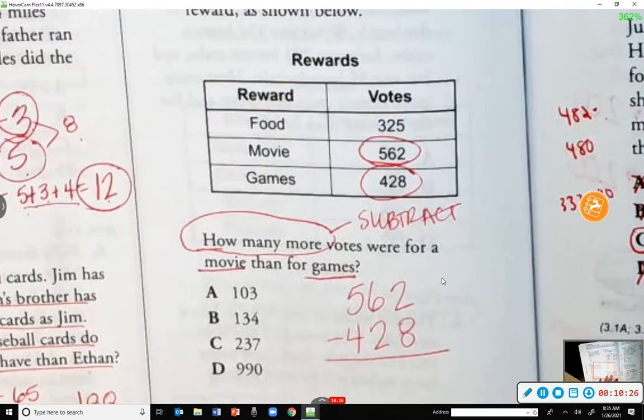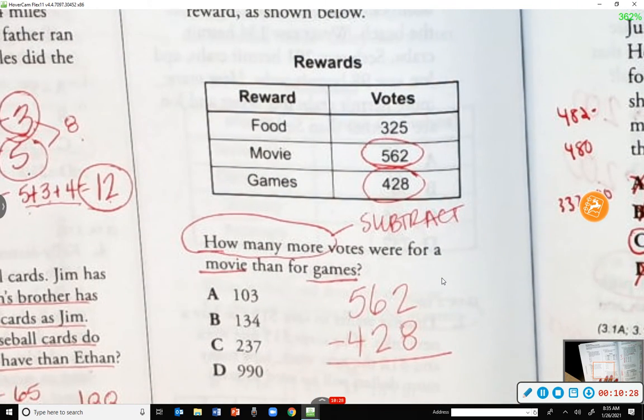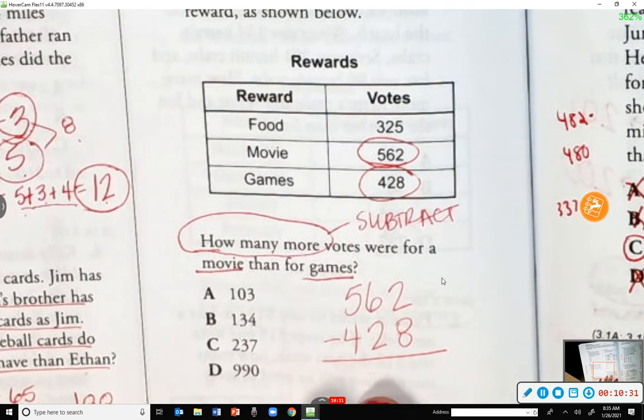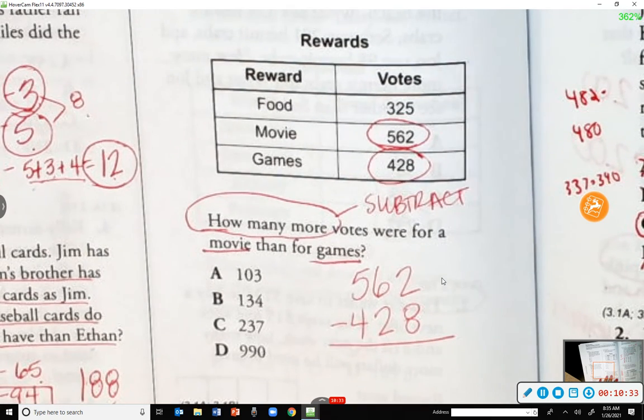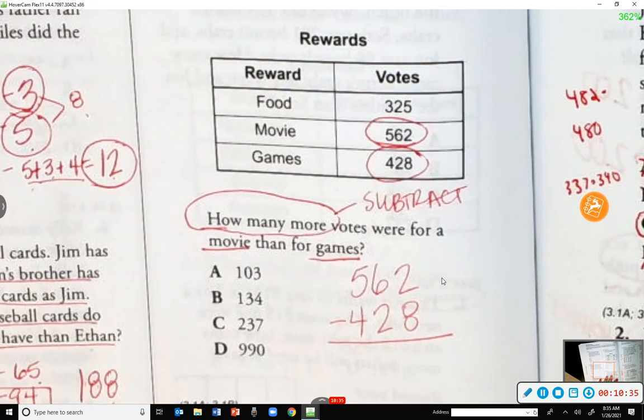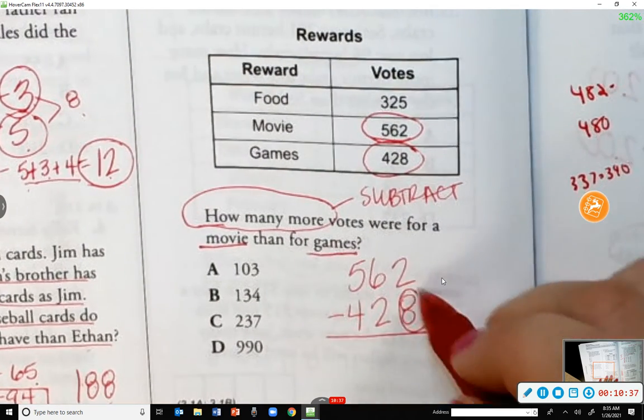Okay, we've made it this far. We've done the complicated part. Let's not mess up on the subtraction part. So 2 minus 8. Can I do that? No. More on the floor.